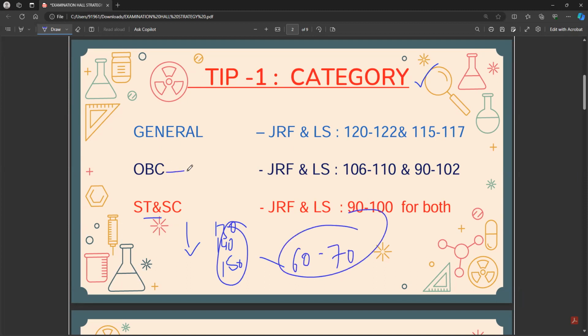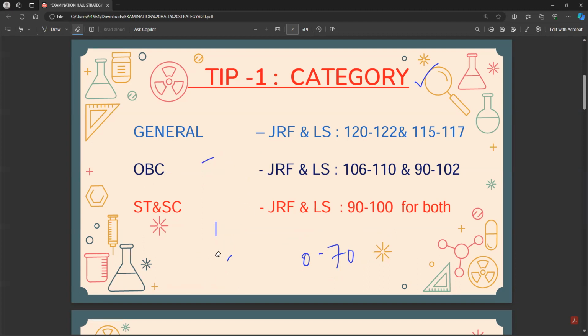And some OBC candidates, who need hardly 105 marks to qualify for the LS, try to answer for 135 marks, where they will lose most of the answers in negative marking and won't get their qualifying mark. You should not make that kind of mistake at all.